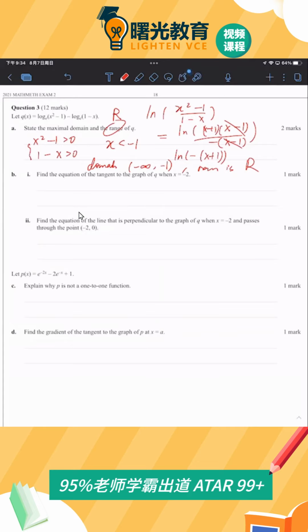Second one, B1. Find the equation of the tangent to the graph of Q when x equals -2. Also very basic and straightforward. If we're looking for the equation of the tangent, first we need to find the gradient, and the gradient is related to the derivative, all right?